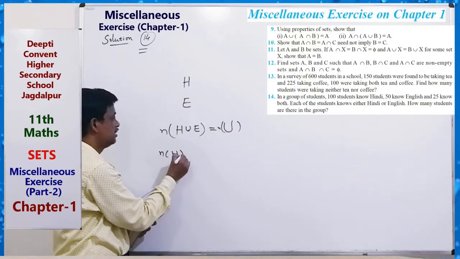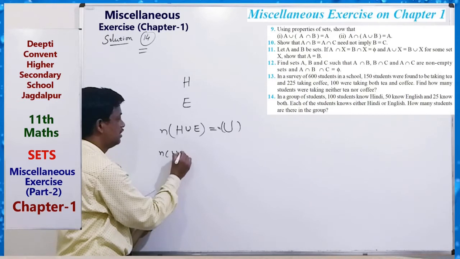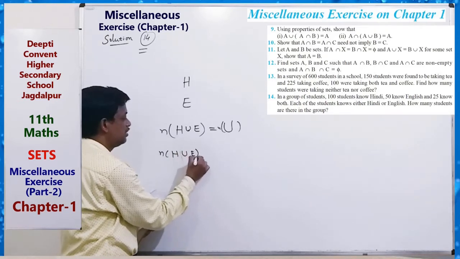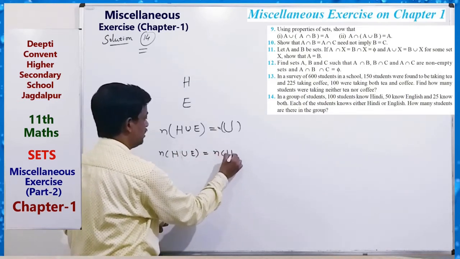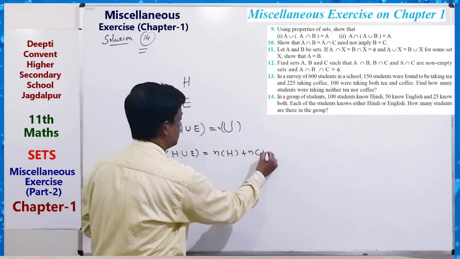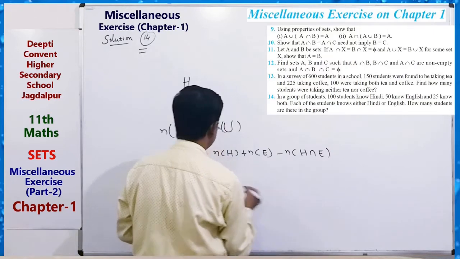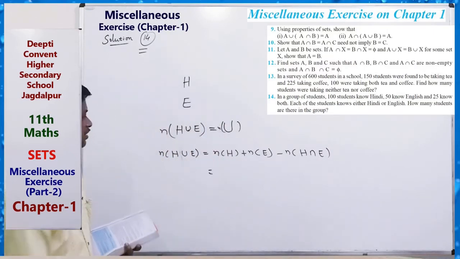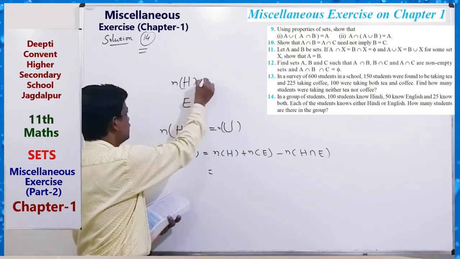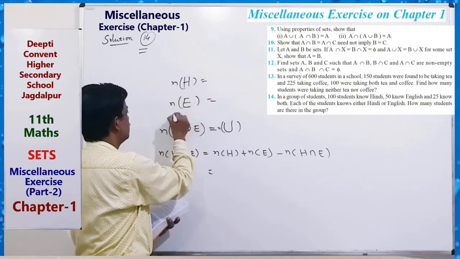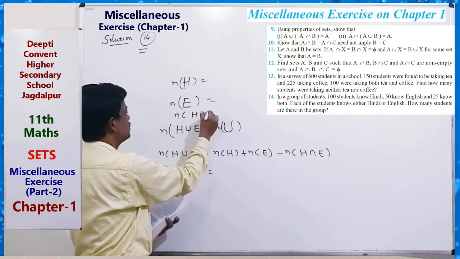We have to find n(H union E) equals what? We know the formula: n(H) plus n(E) minus n(H intersection E). Very simple. n(H), n(E) are given, and H intersection E is given also.